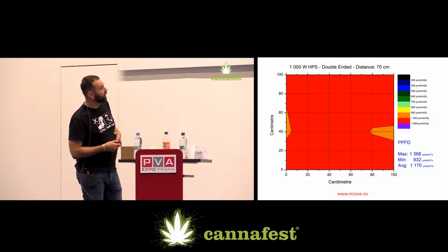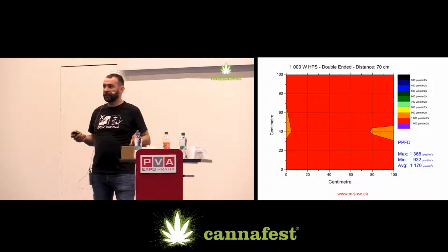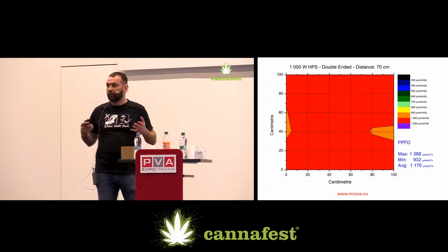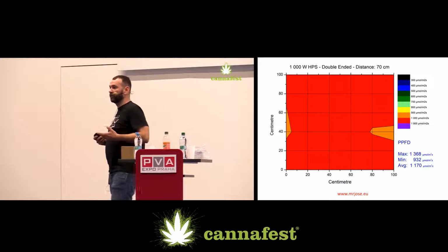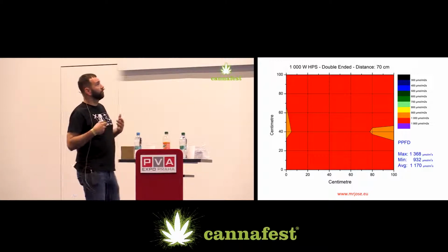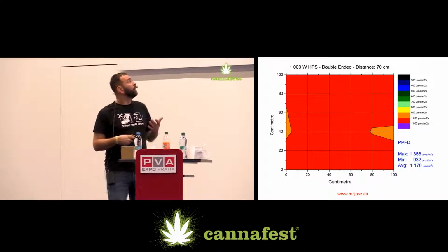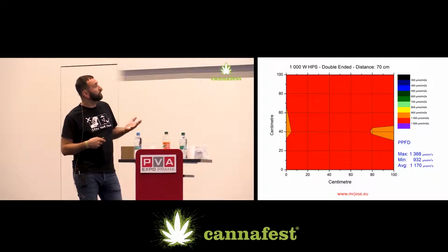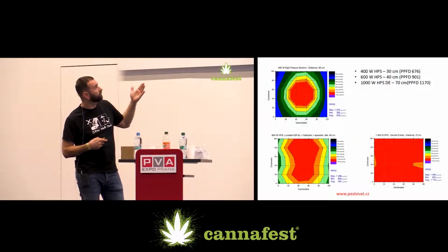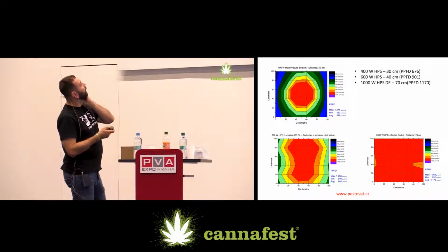Out of all those I've shown so far, the uniformness is best here, and the minimum is just below 1000, which we have set for the high flowering phase. It's the best. So if I sum it up, I've moved it 10 centimeters and it's decreased.